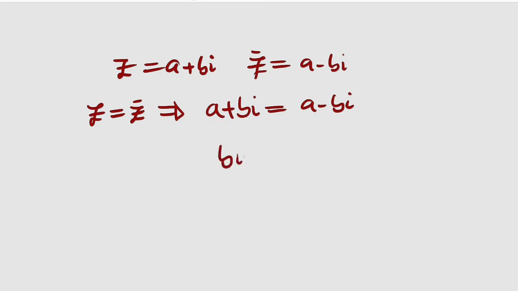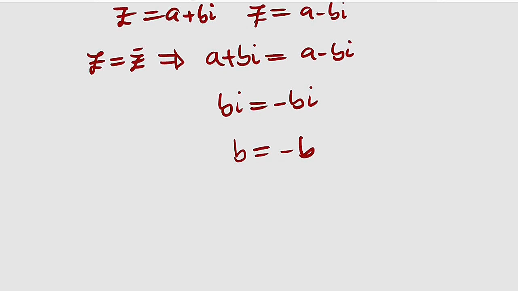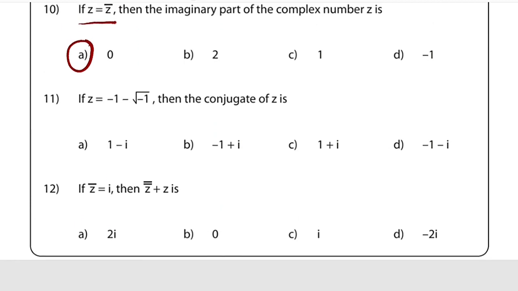This implies that bi is equal to negative bi. The i will cancel, b equal to negative b. How is this possible? It is only possible if b is equal to 0. This is the only condition. And if b is equal to 0, multiplied by i, everything will be 0. Okay, we are done with that one.